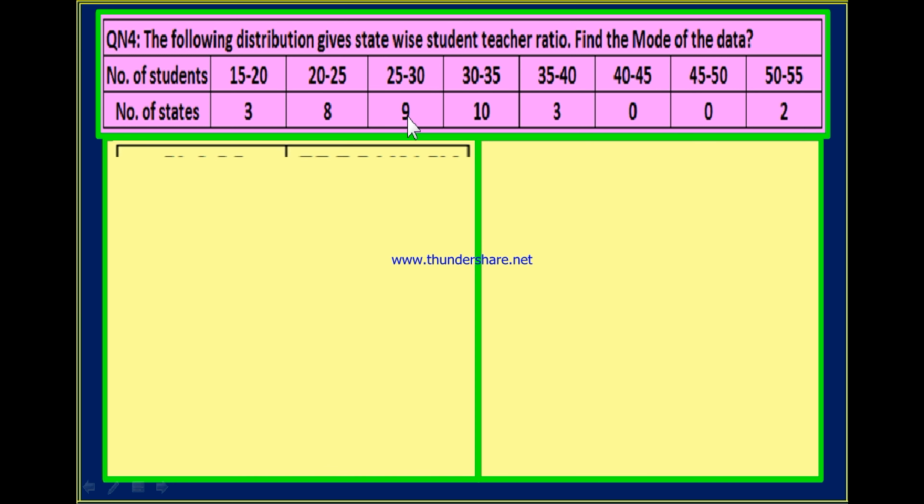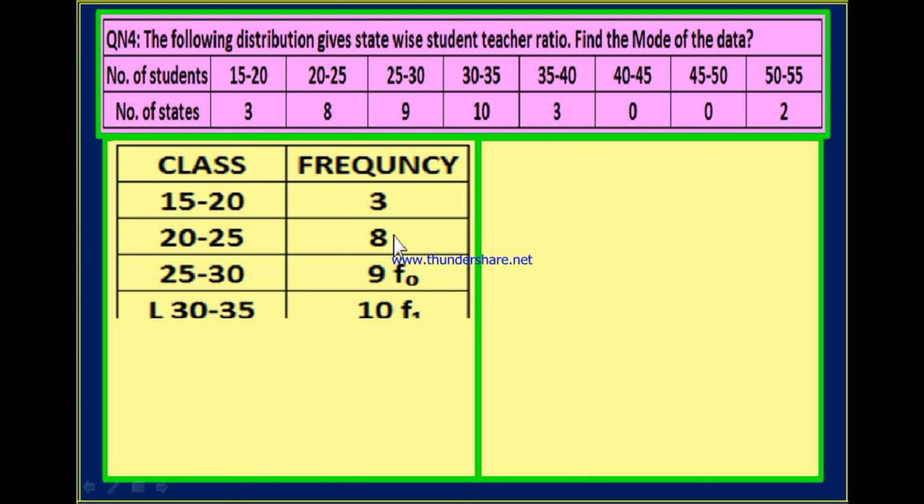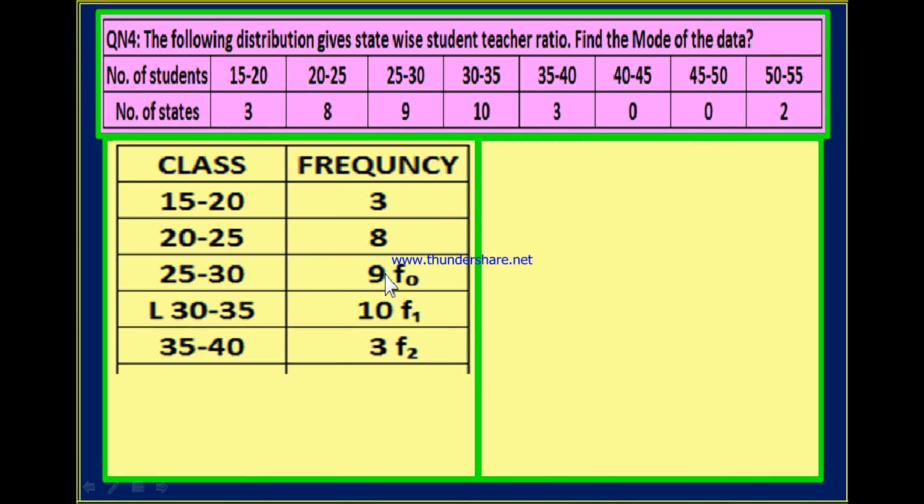Second class 20 to 25, the frequency is 8. Third class 25 to 30, the frequency is 9. Next class 30 to 35, the frequency is 10. 35 to 40, the frequency is 3. 40 to 45, the frequency is 0. And 45 to 50, frequency is 0. And 50 to 55, the frequency is 2.